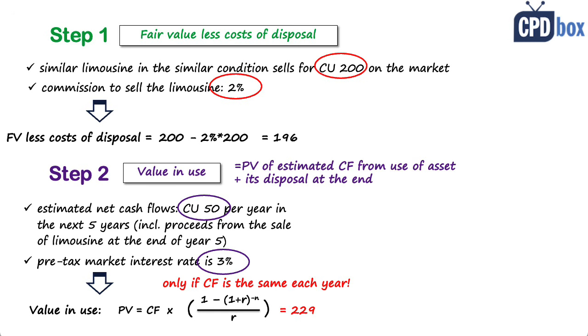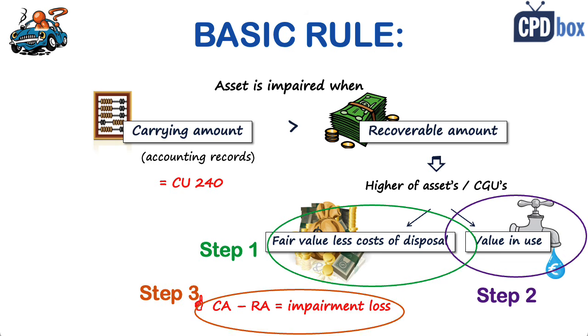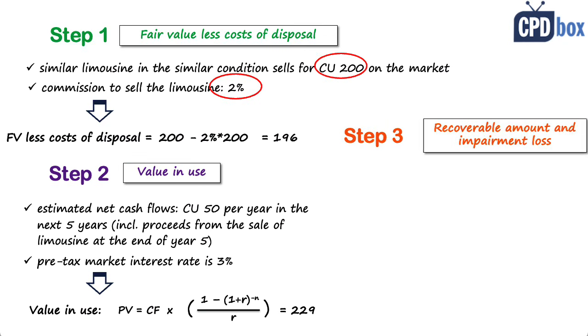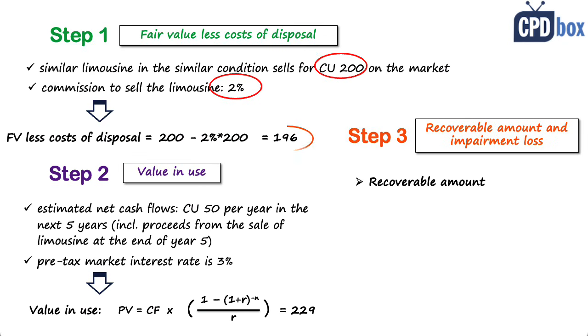Step number 3 is to calculate recoverable amount and then the impairment loss. So we know already that recoverable amount is the higher of fair value less cost of disposal, which is 196, and value in use, which is 229. So the recoverable amount is 229, and this is the value in use.